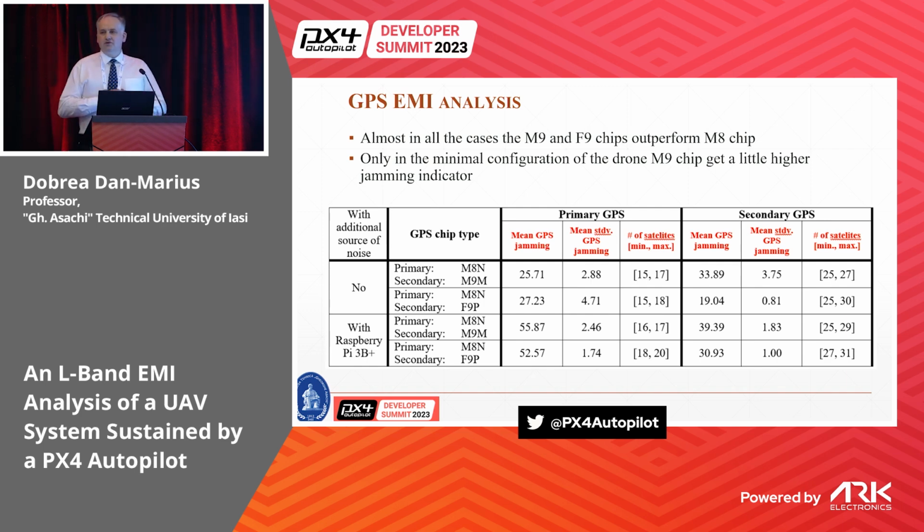In this mode, you can get the information from the satellite that has better signal quality. And in the case of the F9 system, because you have an additional band, when the L1 band is jammed, you can get the same information from the L2 and L5 bands.